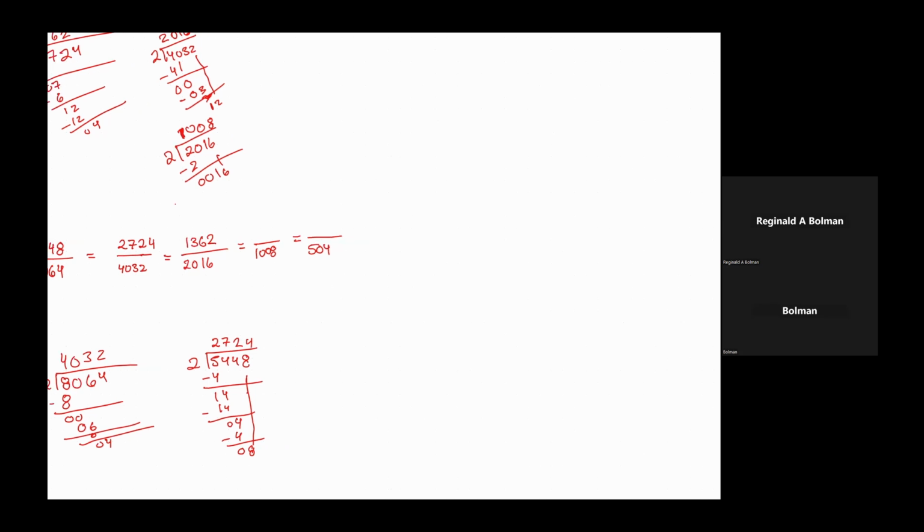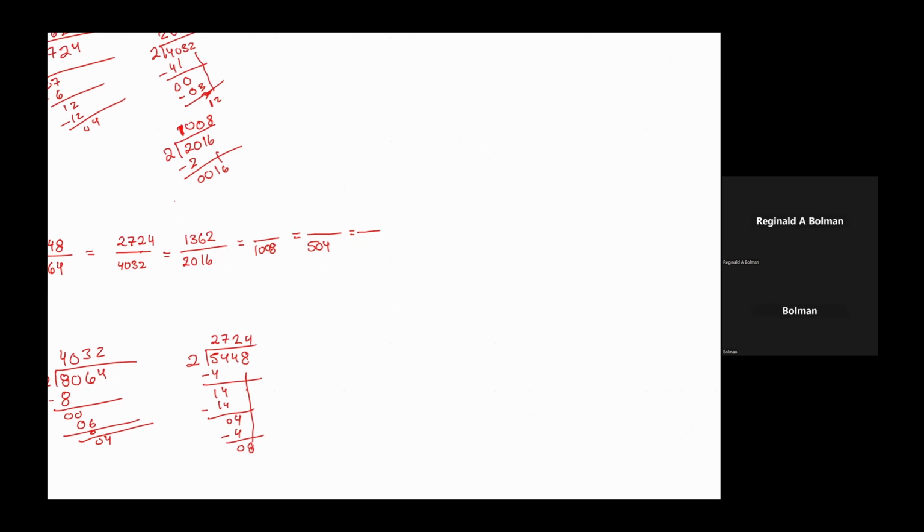And 504, if we reduced it by 2, that should be 252. 252 times 2 should give me 504. So let me do that. 2 times 252. I'm kind of skipping steps, guys, obviously. 2 times 2 gives you 4. 2 times 5 gives you 10. Carry the 1. 2 times 2 is 4. Plus 1 gives you 5. So yes, indeed, it would reduce to 252. And 252 should be divisible by 2.